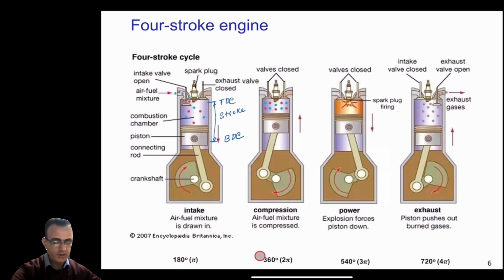So 180 plus 180 plus 180 plus 180, or in radians pi plus pi plus pi plus pi. This means that for a 4-stroke engine, for one complete cycle, you need 2 revolutions of the crankshaft, or 4 pi, or 720 degrees of revolution of the crankshaft.